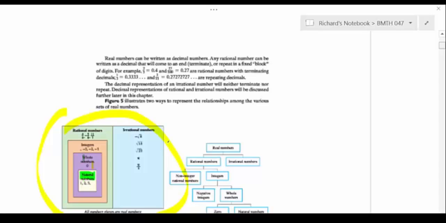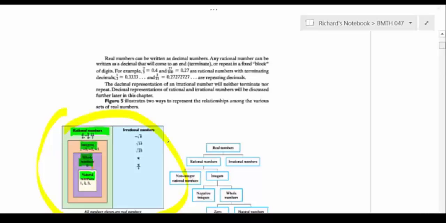The natural numbers are contained in the box of the whole numbers. The whole numbers are contained in the integers, and the integers are contained in the rational numbers. However, the irrational numbers are their own set, and they're not directly related to any of those other sets.